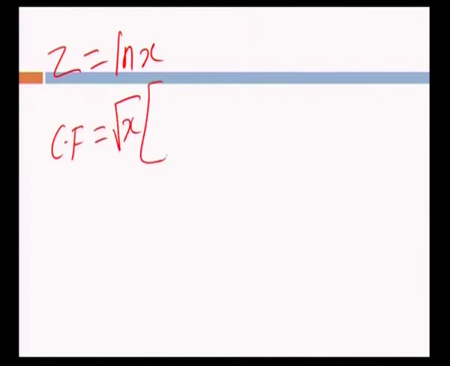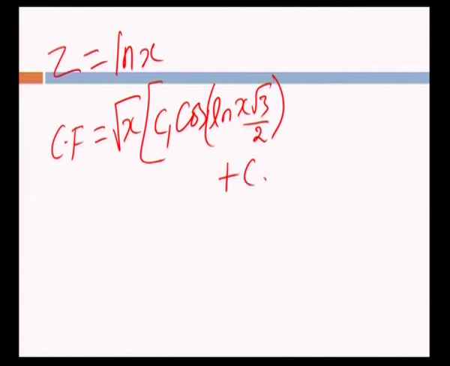This complementary function can be further simplified by substituting z is equal to ln x. We get the complementary function CF is equal to square root of x into c1 cos of log of x root 3 by 2 plus c2 into sin of log of x into root 3 by 2.